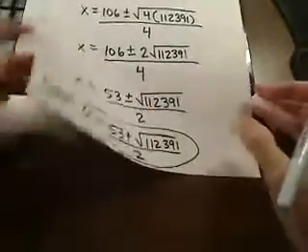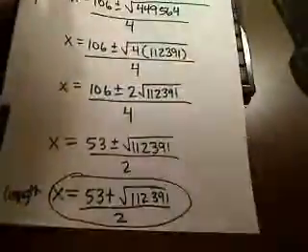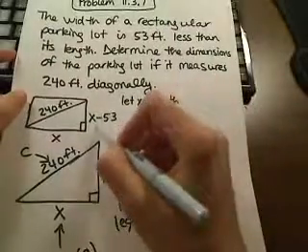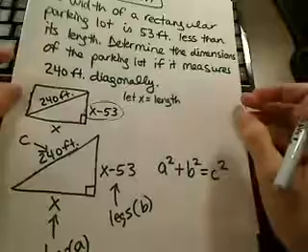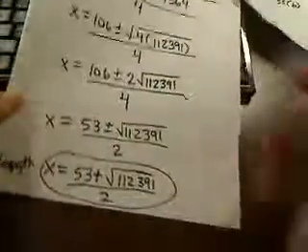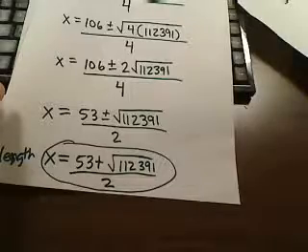And then the width, based on what we had defined as our picture, how this problem was defined, the width is x minus 53. So to calculate the width, we need to actually subtract 53 from this number right here. Okay, so that's going to look like this.